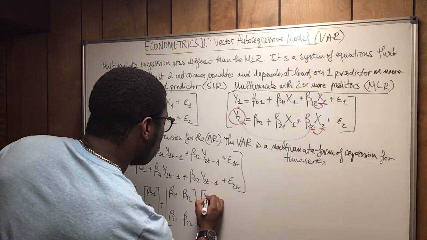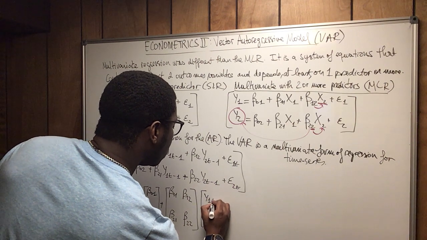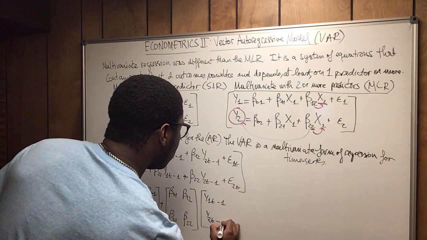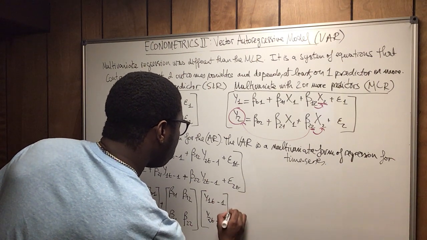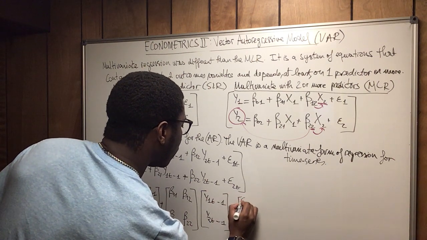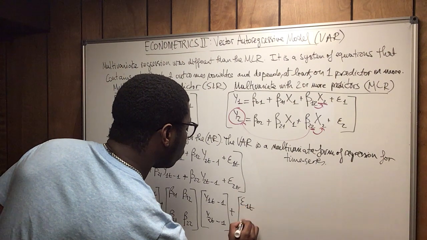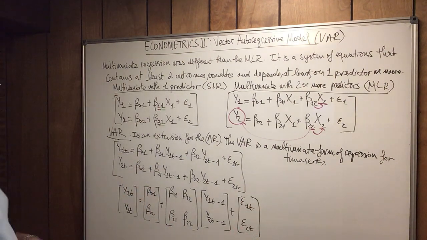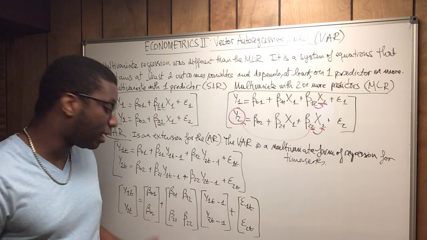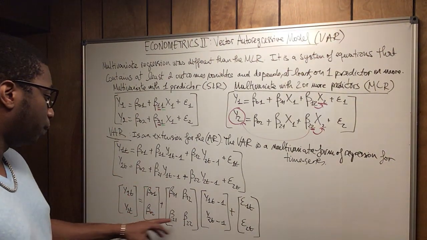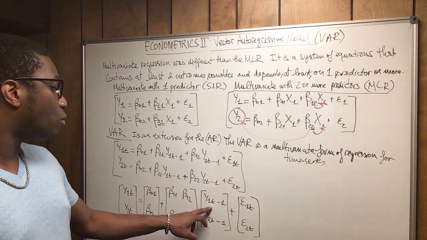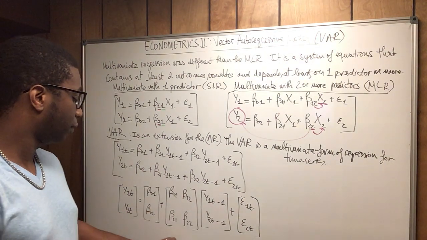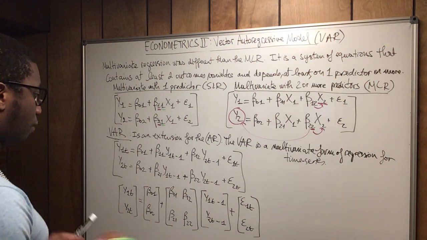Then you have here Y1 T minus 1, Y2 T minus 1, plus, then you write here the error terms together. Okay, now if you even want to verify, we can verify this. Y1T minus 1 times beta 11, this is what you have here.